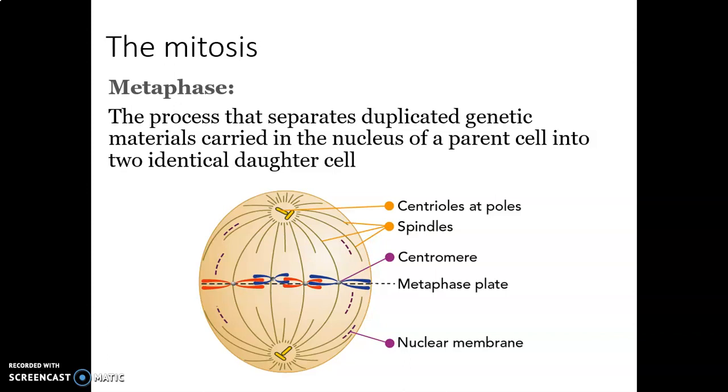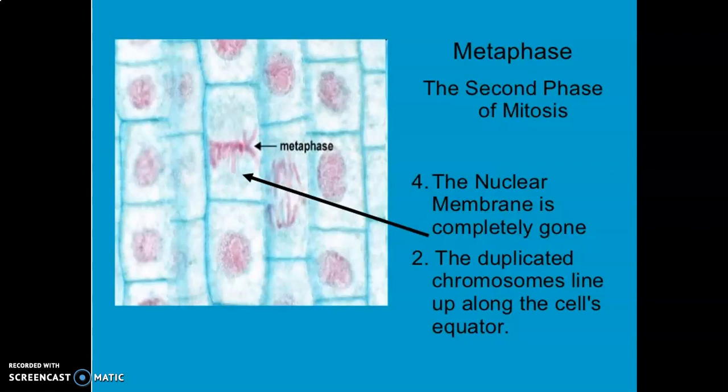Metaphase is the second phase of mitosis, which separates duplicated genetic material carried in the nucleus of a parent cell into two identical daughter cells. In this picture, this is the metaphase. The nuclear membrane is completely gone.